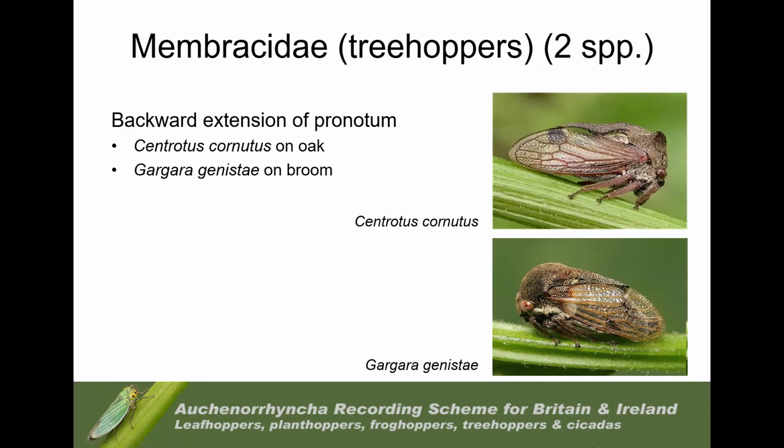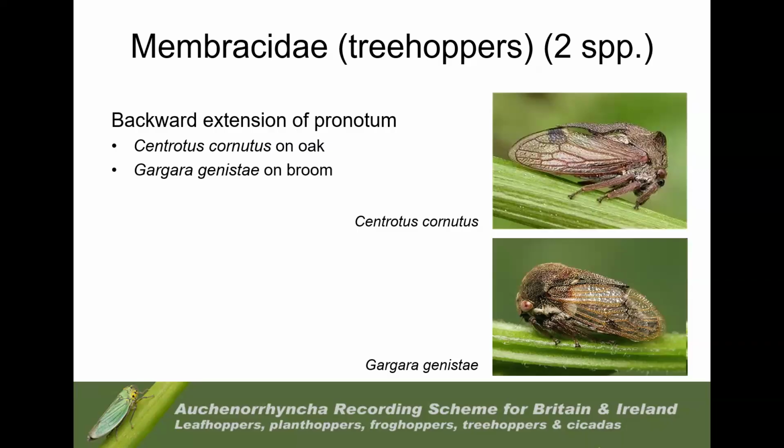As I say, we have two species in this country, Centrotus cornutus, which is a species that feeds mainly on oak, and probably other tree species as well. But also a slightly smaller one, Gargara genistae, which is a specialist species on broom.